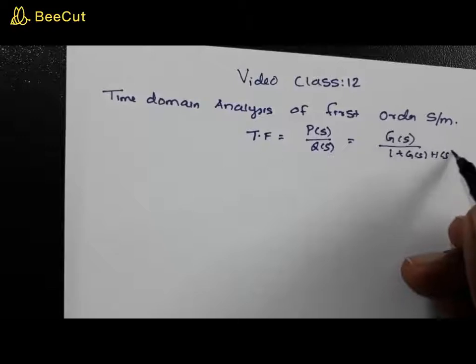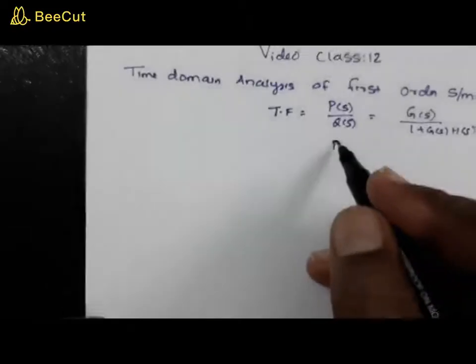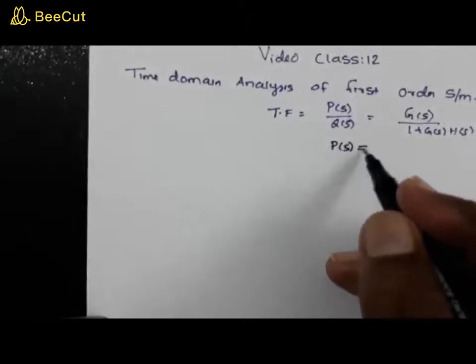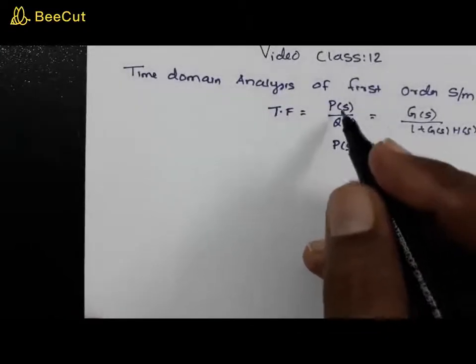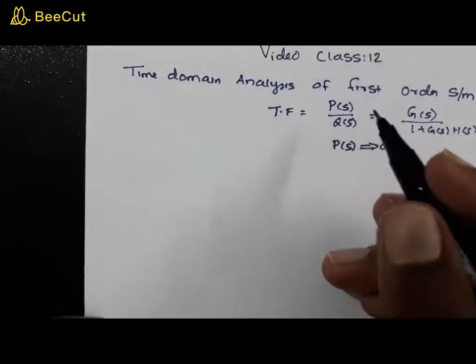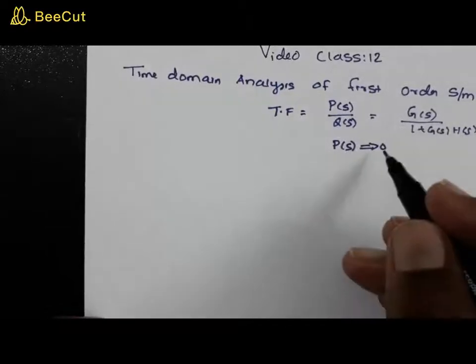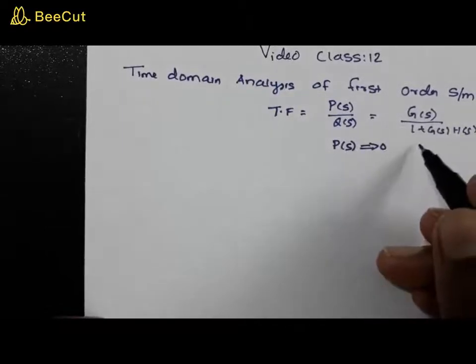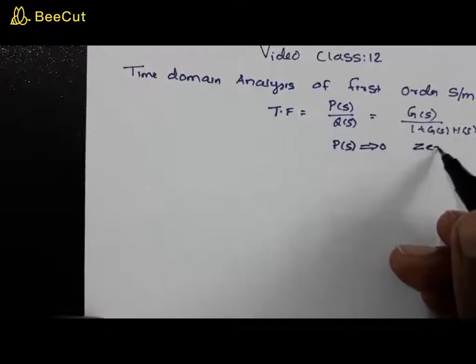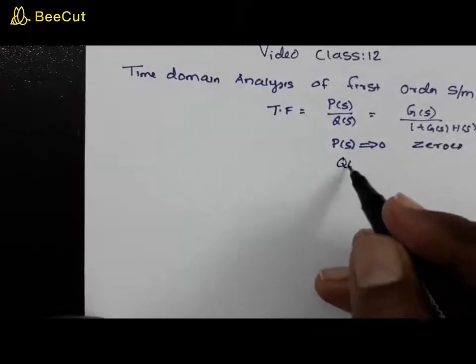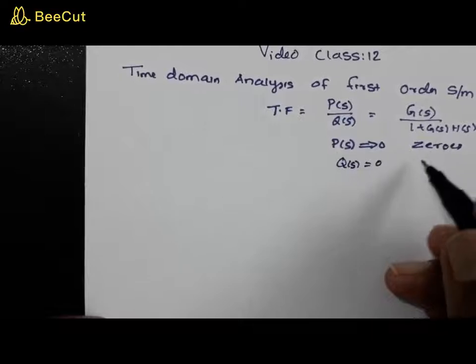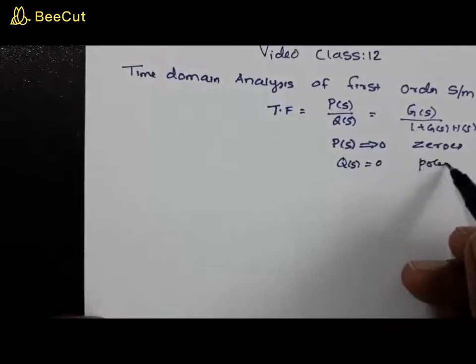Now we have seen in the last video, when you equate P(s) to 0, you will get roots. Both are polynomials of s, so they can be of different orders. When you solve P(s) equal to 0, you get the roots, and these are called the zeros, while when you equate Q(s) to 0, you get the poles of the system.